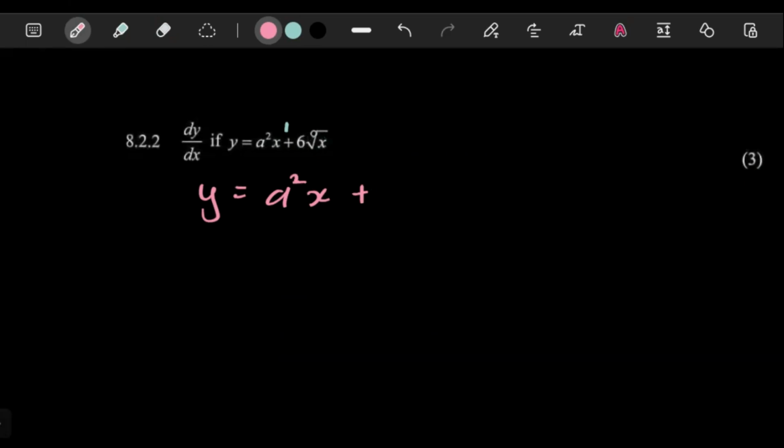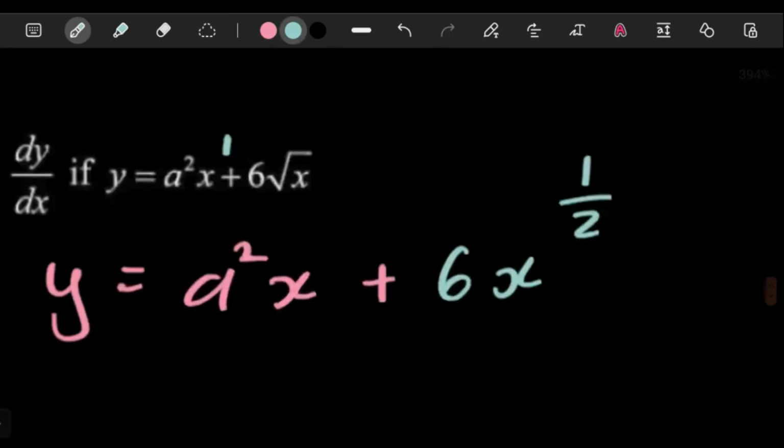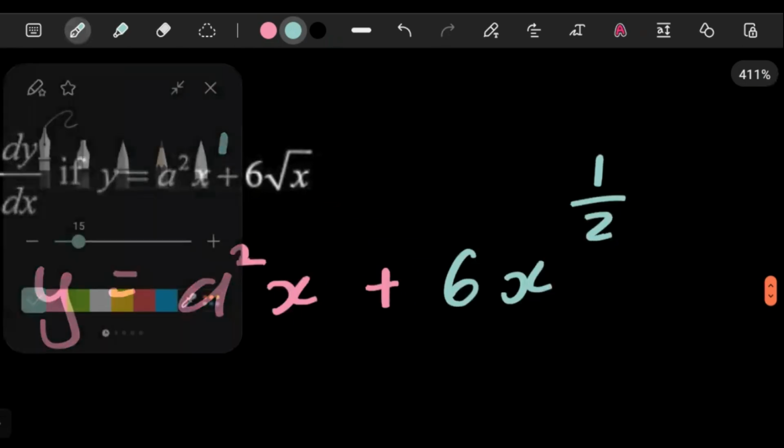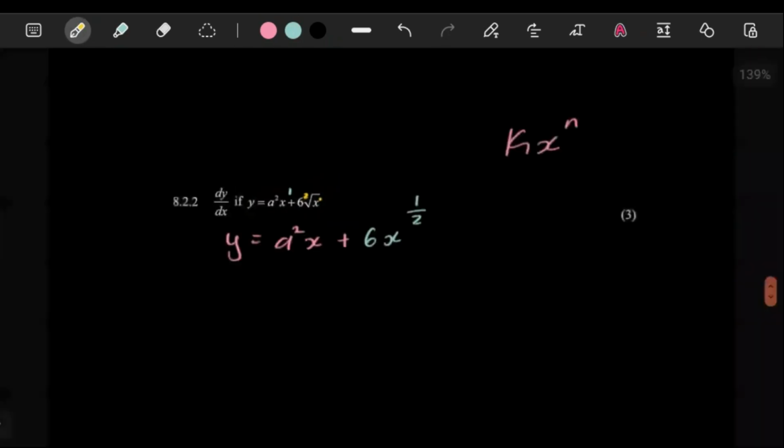The number there has to go under the 1, because you can only differentiate if your terms are all in this format: a coefficient, a base, and an exponent. So here, our coefficient is 6, our base is x, and our exponent is a half, because the 2 is here and there's a 1 there.